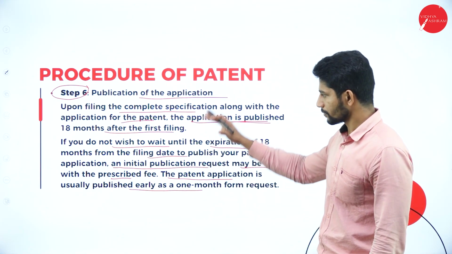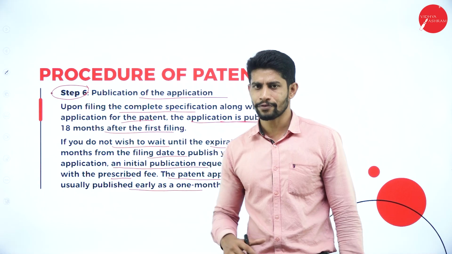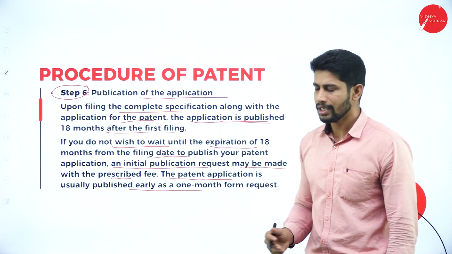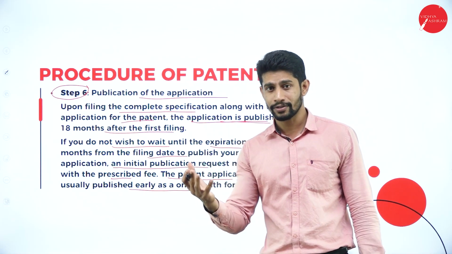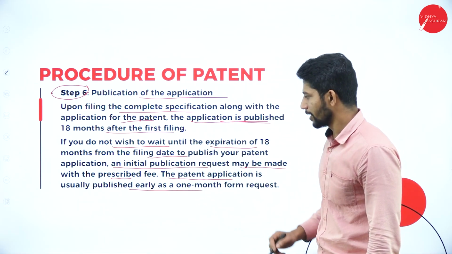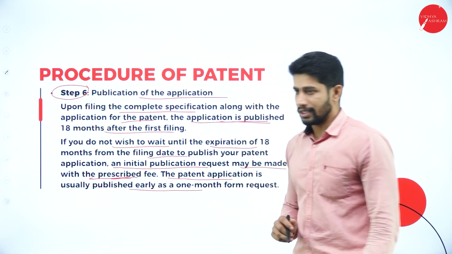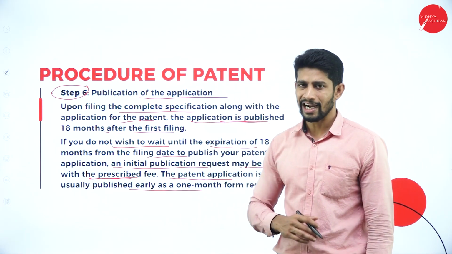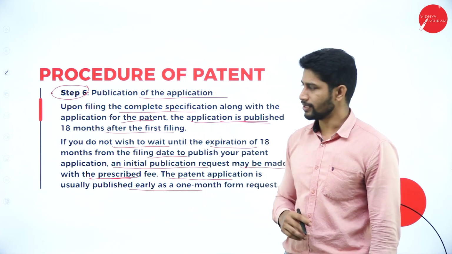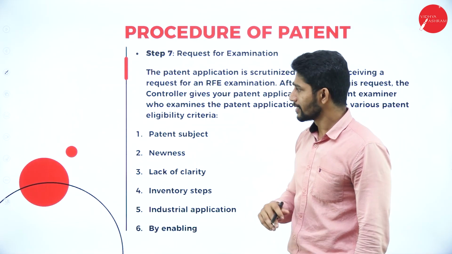So normally you wait 18 months after your application is submitted to the authority. If you don't want to wait, you can pay additional fees to the authority and request to prepone the publication of your patent application. That is step number 6.